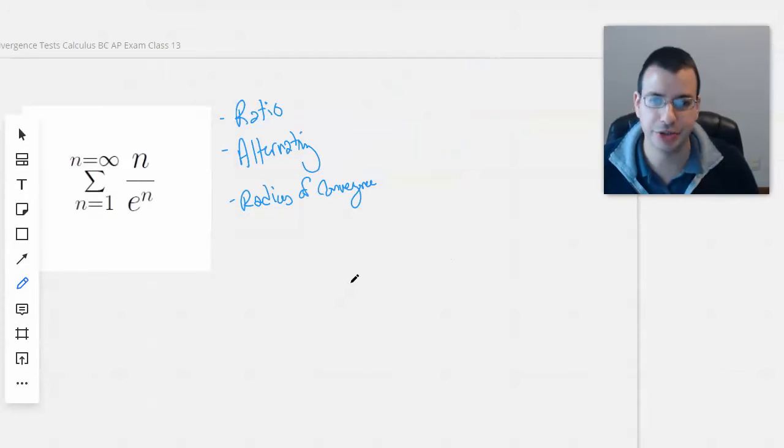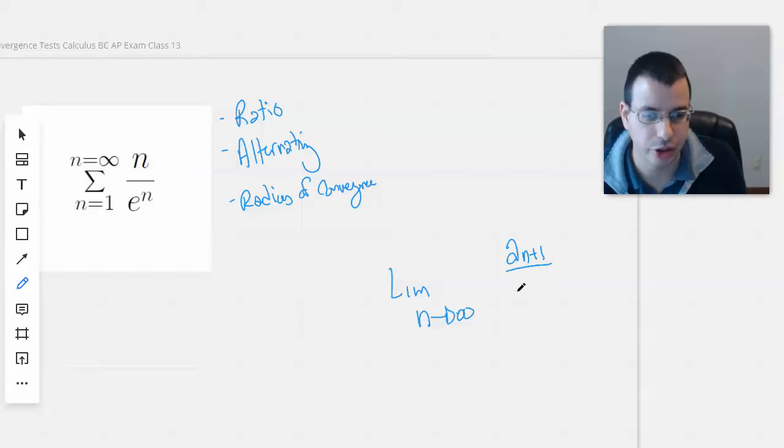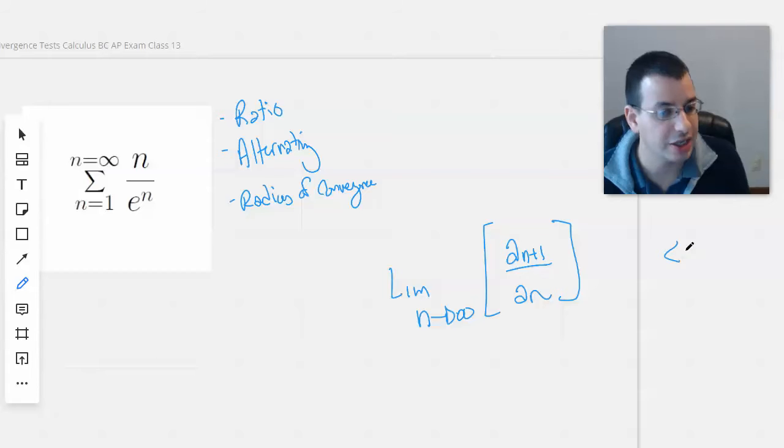So the idea behind the ratio test is you take the limit as n approaches infinity of a sub n plus 1 over a sub n. If this is less than 1, then it converges.